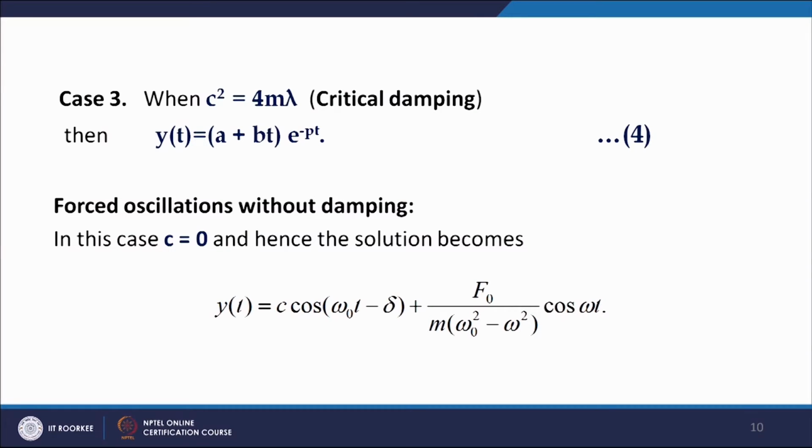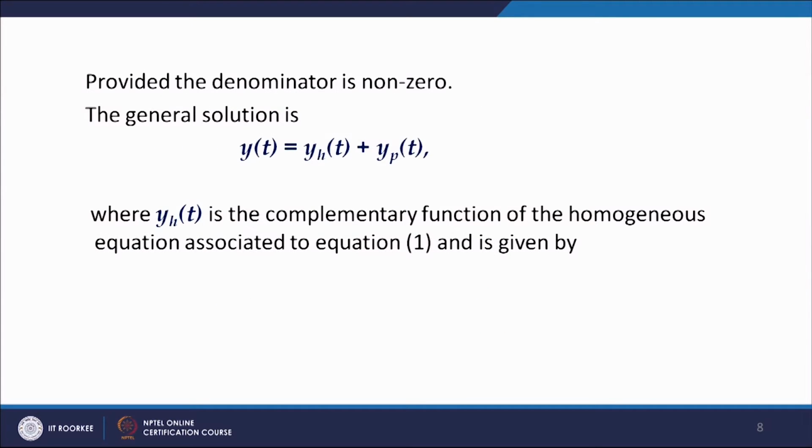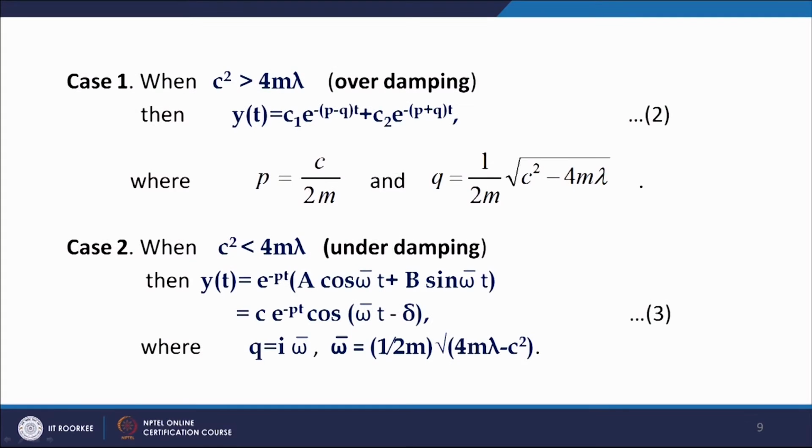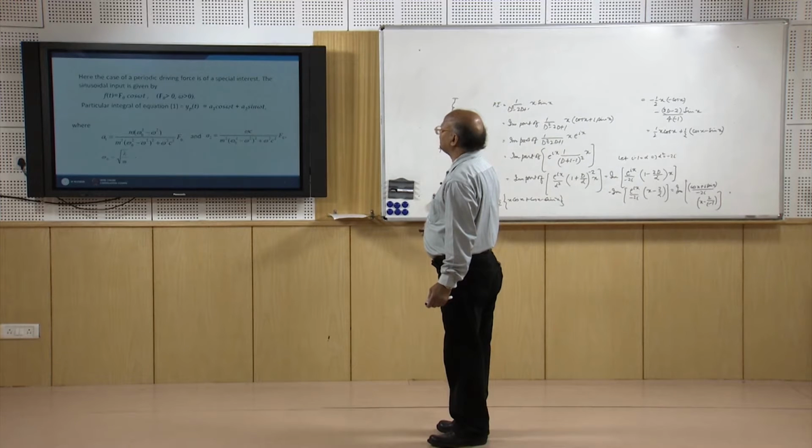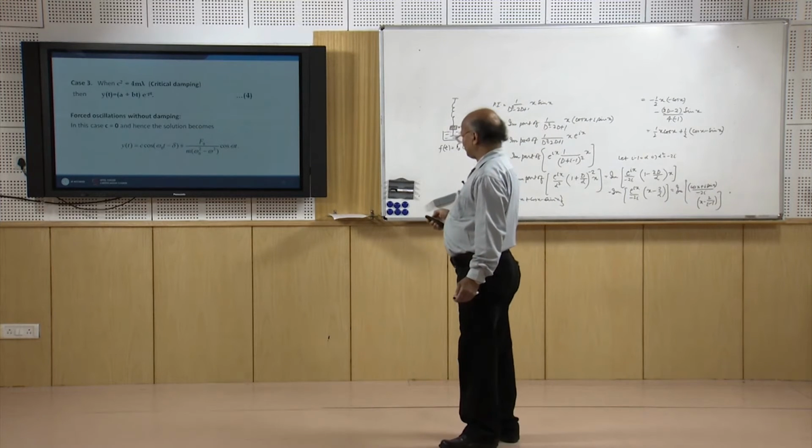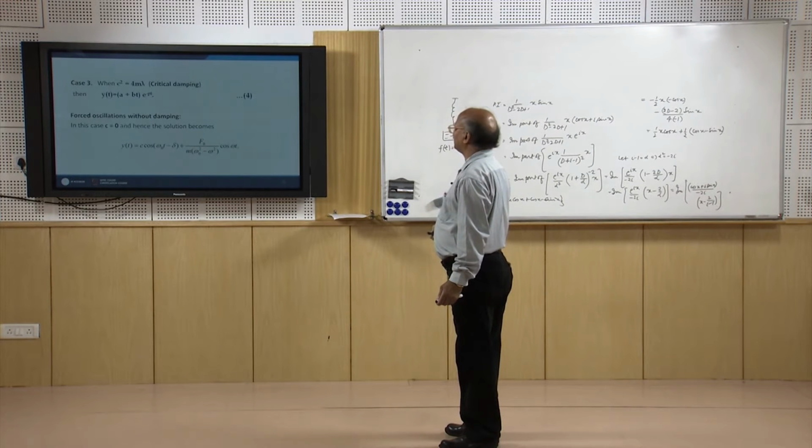So these are the solutions of the associated homogeneous equation. Now, forced oscillations without damping. First we consider the case of forced oscillation without damping, that means the damping constant c is equal to 0, and then the solution will take the form y(t) equal to y h(t) plus y p(t). We have found y p(t) as a1 cos omega t plus a2 sin omega t. So in that you put c equal to 0, you get the value of y p(t), and y p(t) comes out to be f naught over m times omega naught square minus omega square, times cos omega t.